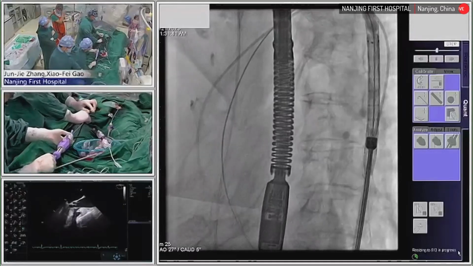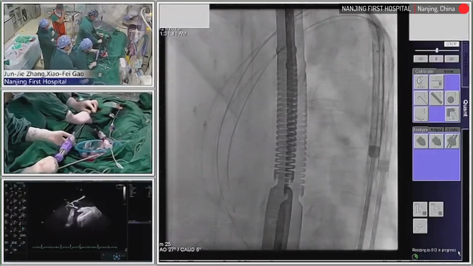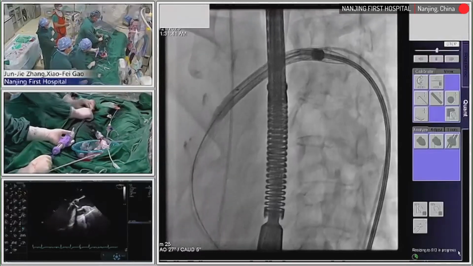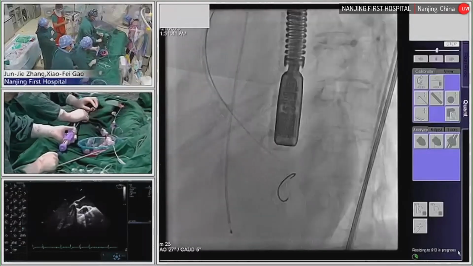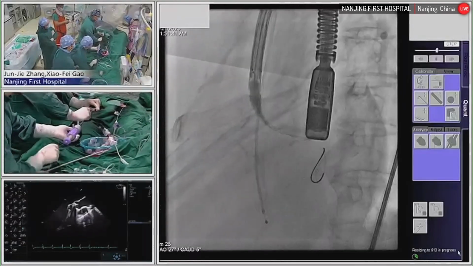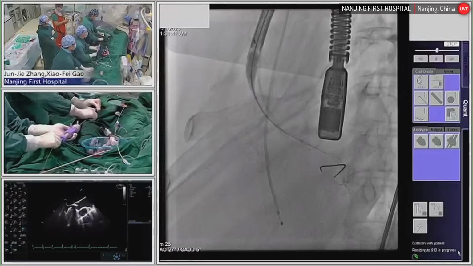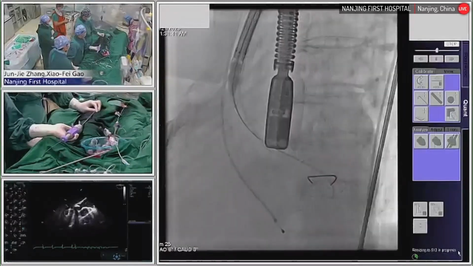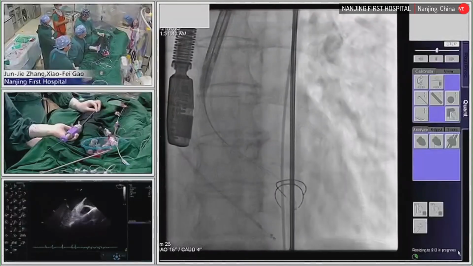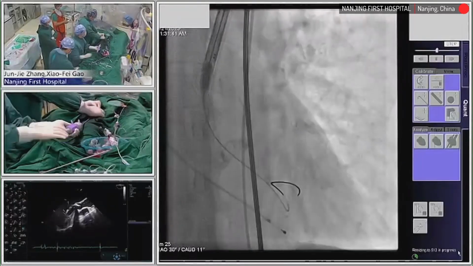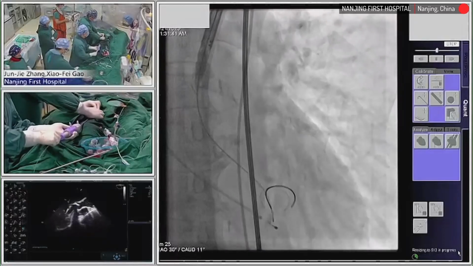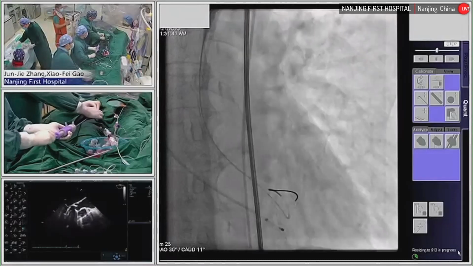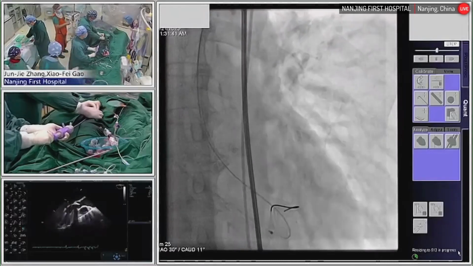Go back to the RAO cranial view. I think the wire is not in the right position. So at this time, maybe there is difficulty. Advanced TAVI valve cannot cross the aortic leaflet.